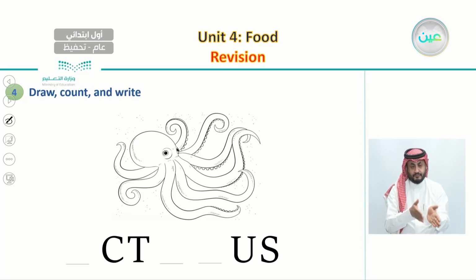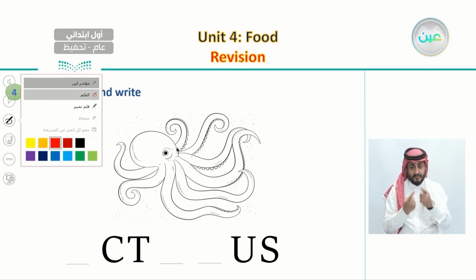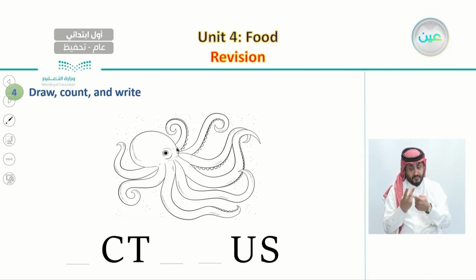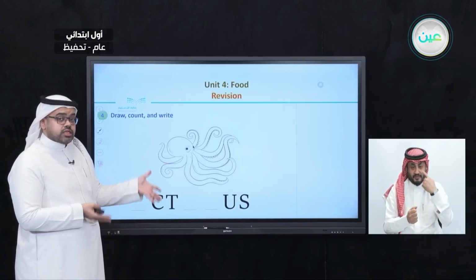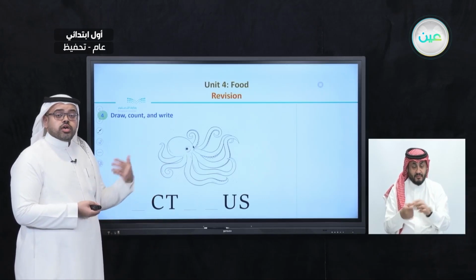And after this, we did an exciting exercise, which is to draw and count and write as well. When we say that, look at this animal, look at this octopus, and let's first try to draw.